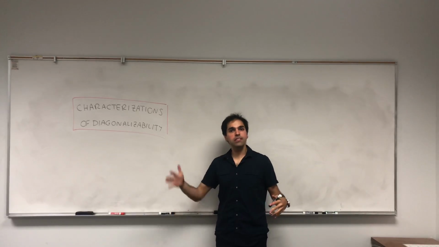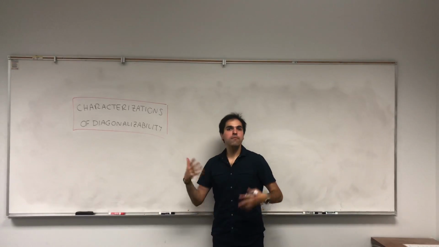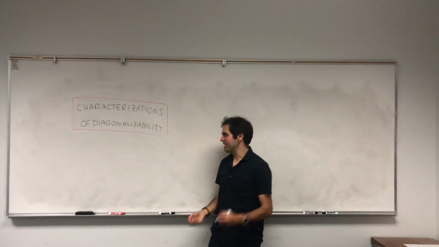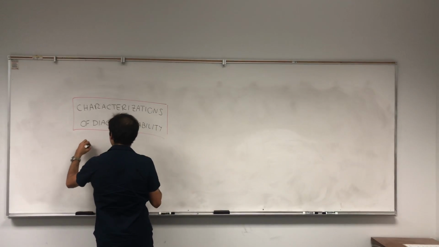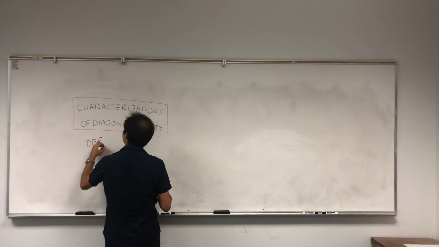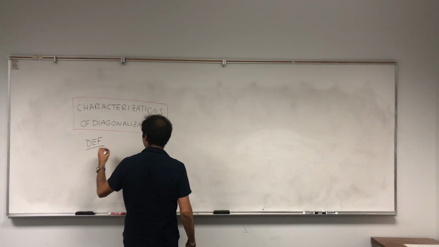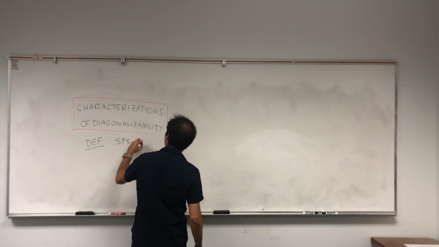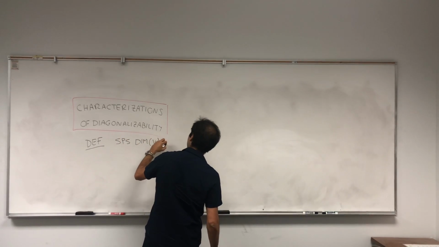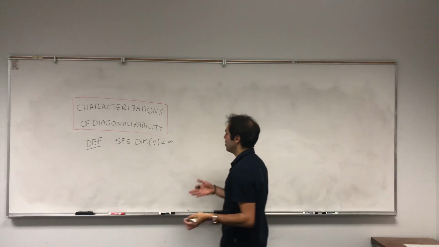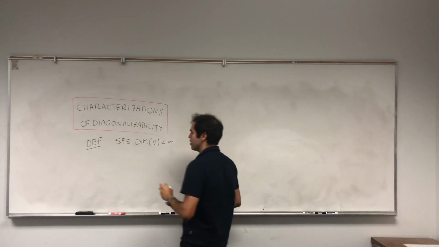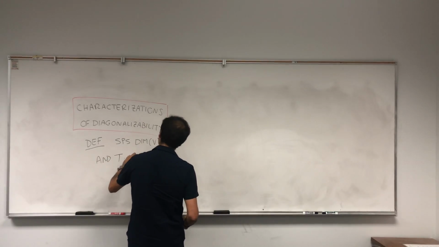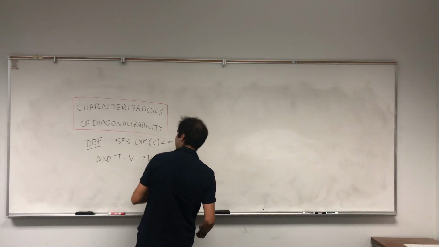It basically means you can turn a matrix or a linear transformation into a diagonal matrix. So this is like the primordial definition of diagonalizability. Suppose your vector space is finite dimensional, and suppose that you have a linear operator T from V to V, a linear transformation.